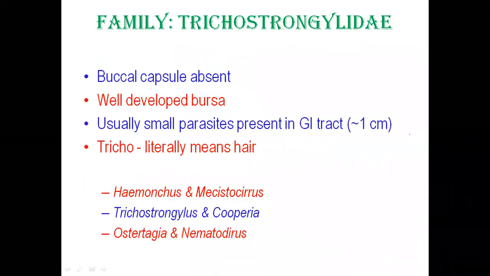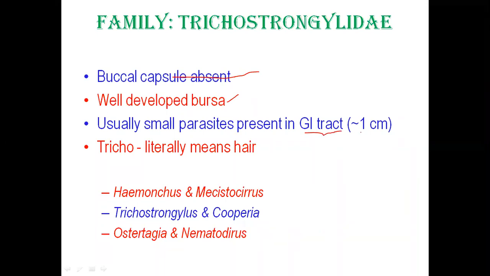Here, under the family Trichostrongylidae, the characteristic is that there is practically an absence of a buccal capsule, but the bursa is very well developed. As I told you, they are usually parasites of the gastrointestinal tract. Most of them are small, not even 1 centimeter. Some are even half a centimeter, that means 5 millimeters in length only.